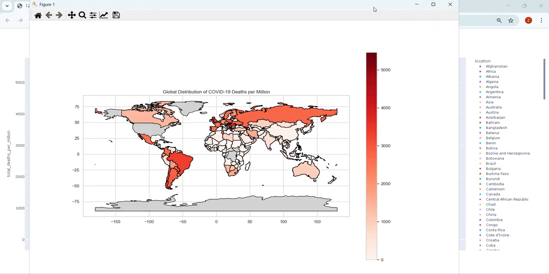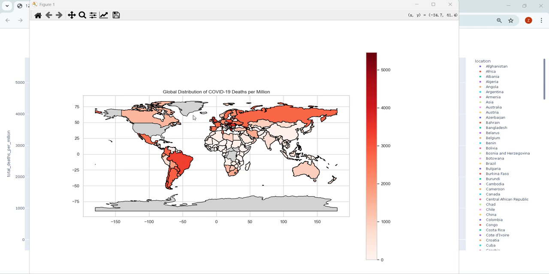And now you can see this graph. South America really has severe mortality, because the red means severe, and Eastern Europe also has the same color as South America.